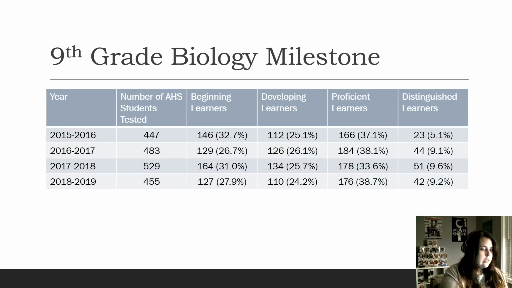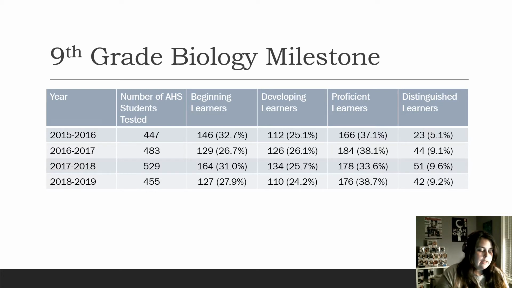All right, moving into the data that we're looking at for this overview, we're focusing on 9th and 10th grade milestone science students. So these are students that participated in the 9th grade milestone and the 10th grade milestone for biology and physical science respectively.